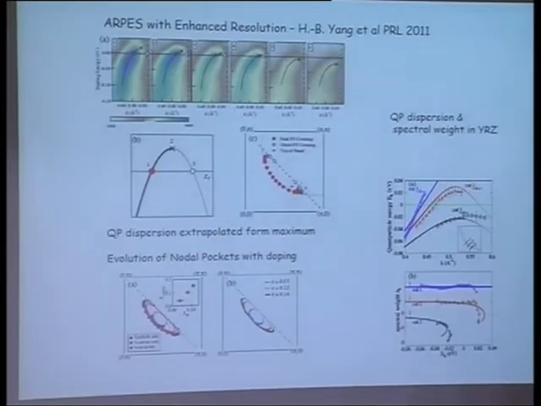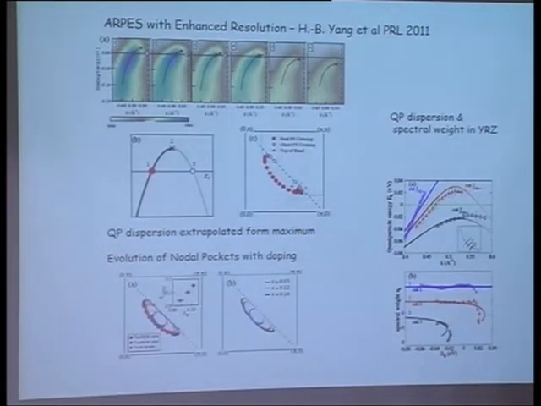Now, these are the more recent results, published earlier this year in PRL, where they used modern image enhancement techniques to enhance the signal, and here they saw not just a cutoff of the signal, but a form of bending over, as you can see here, for a set of cuts out here at the edge of the pocket.